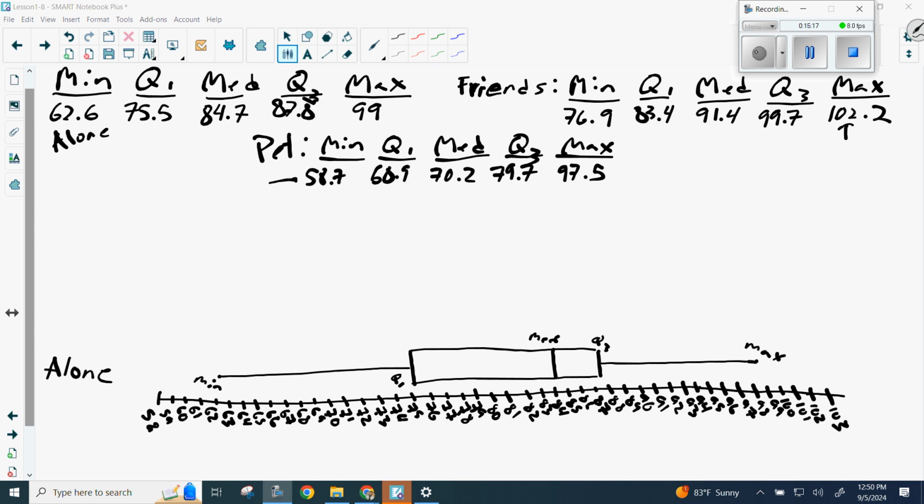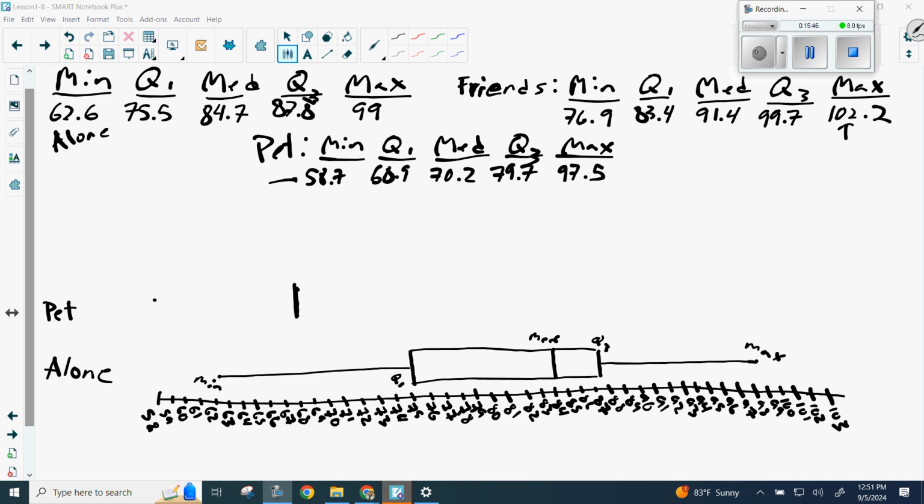So the next one we'll do is pet. Let's do pet. All right, so our minimum for pet is 58.7, right about there. Our quartile 1 is at 68.9. So we'll draw a line for that one. Okay.